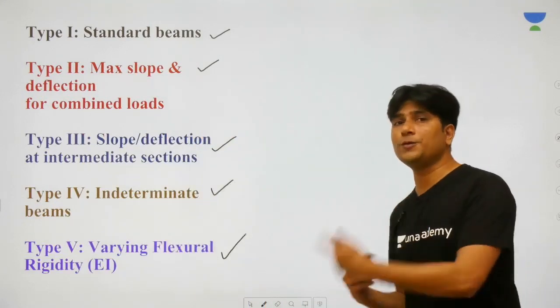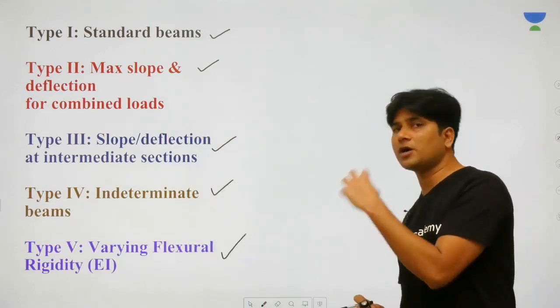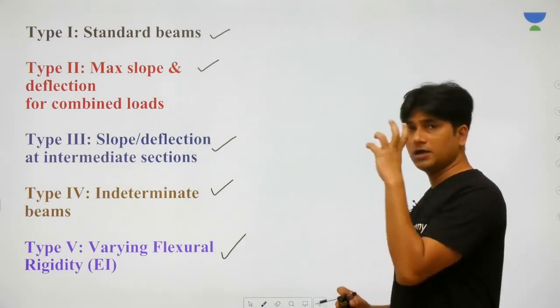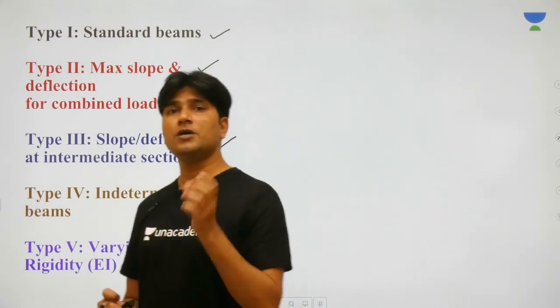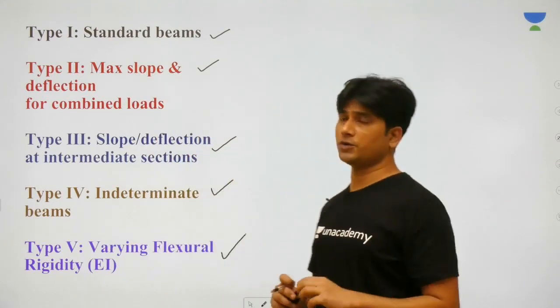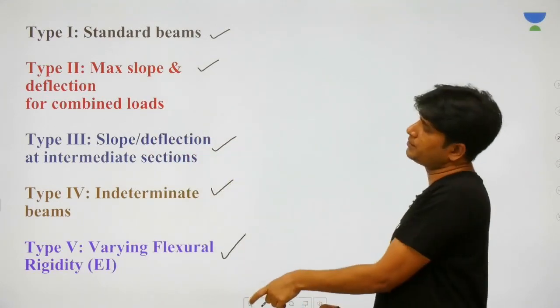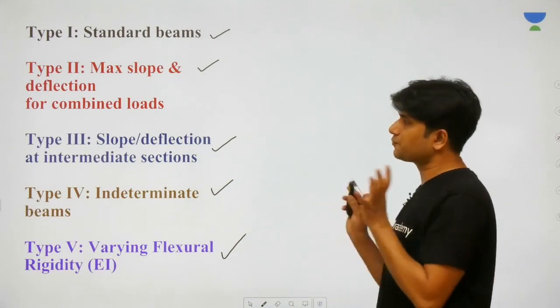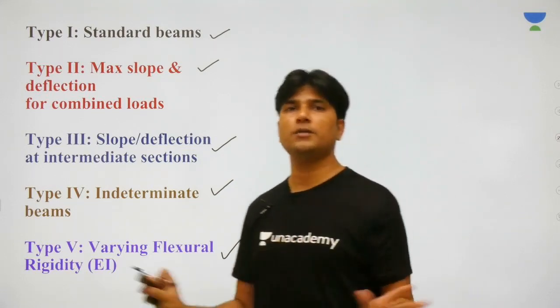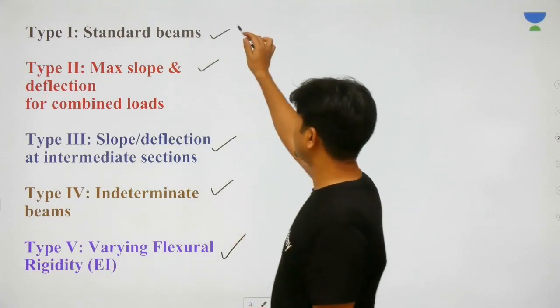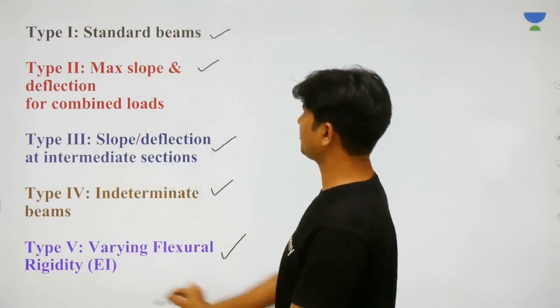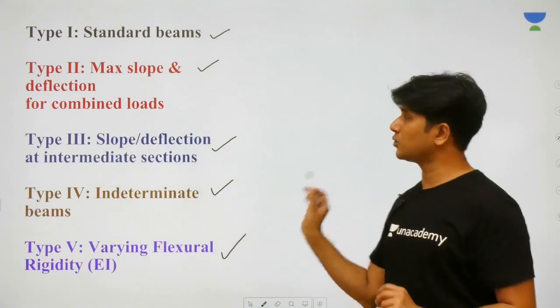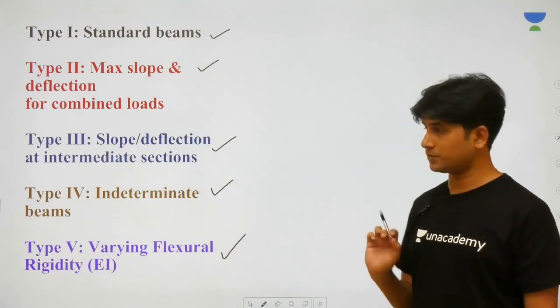There is no new problem that can be formulated. Any problem based on slope and deflection of a cantilever beam will belong to one of these 5 types. So these 5 types give you a complete package for slope and deflection in cantilever beams.